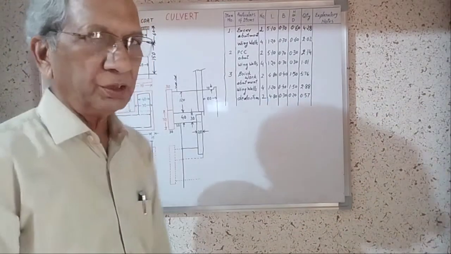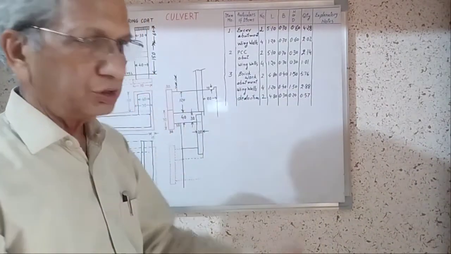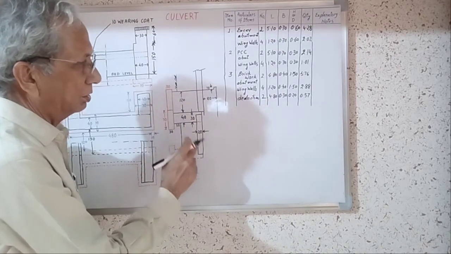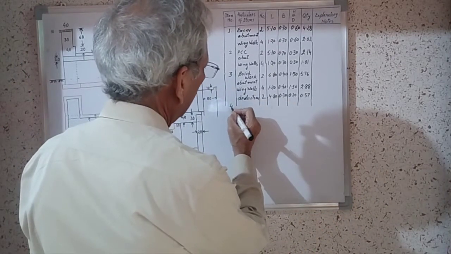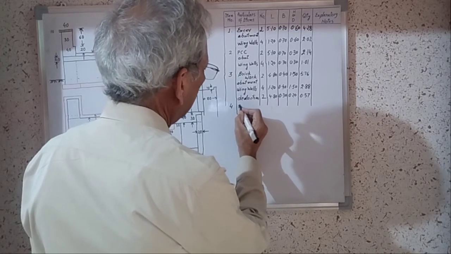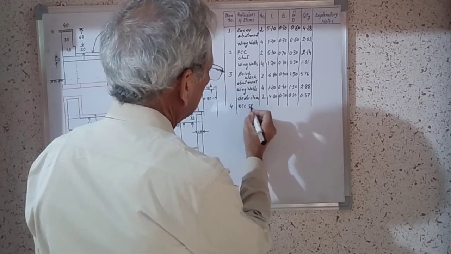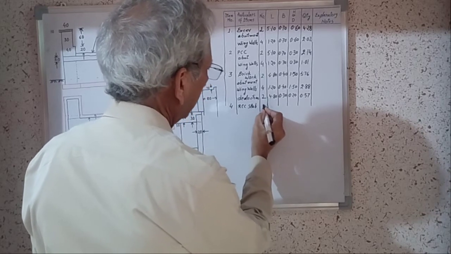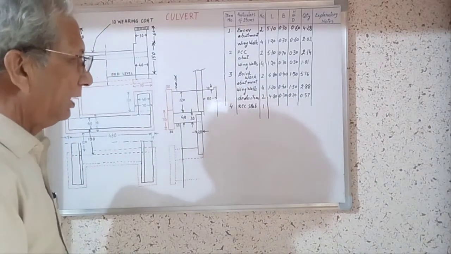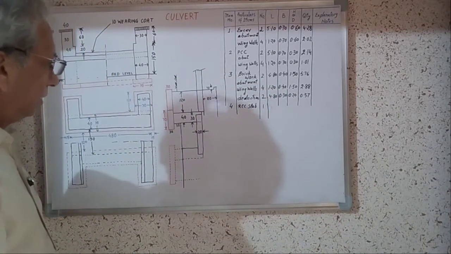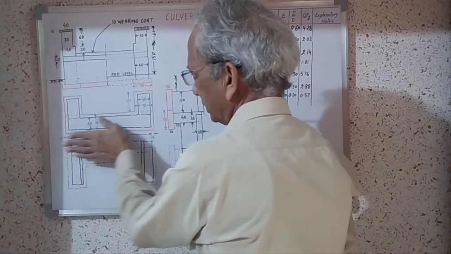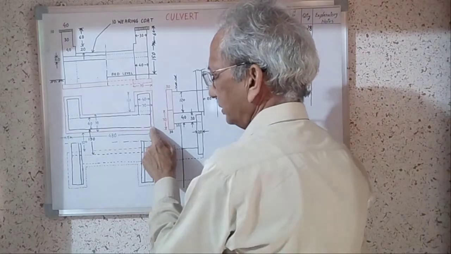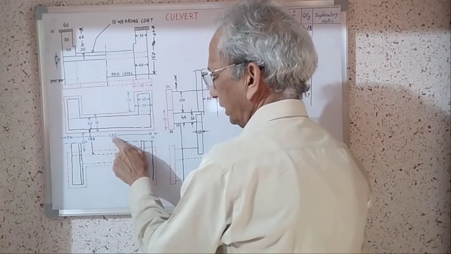Now next item is this RCC slab. This is RCC slab which has been placed on the brickwork. Item number 4, RCC slab. It is one number, and length of this RCC slab will be throughout, starting from this up to this slab will be placed. That is 480.